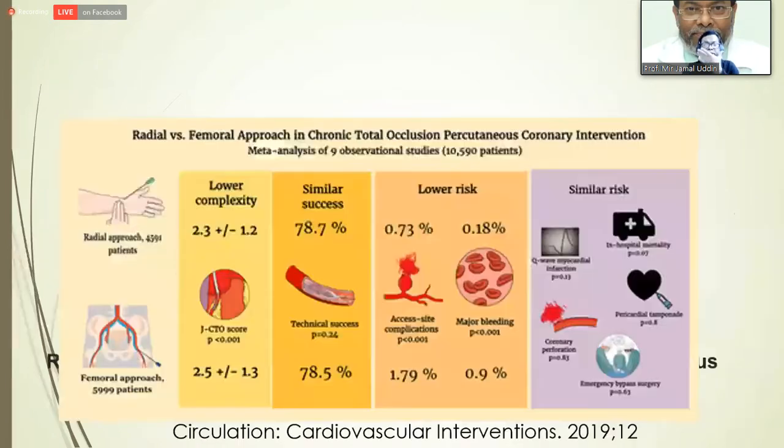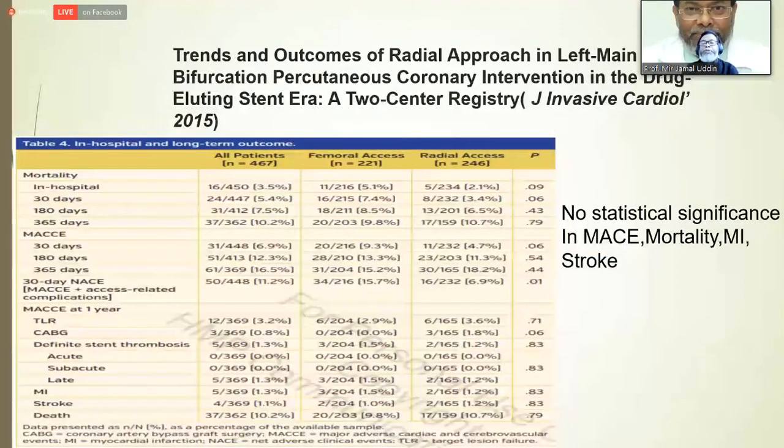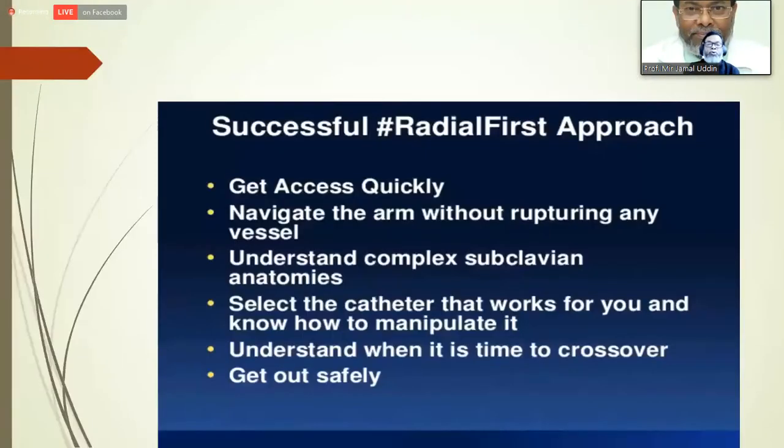Radial versus femoral, there are different talks, all in favor of the radial approach. And trends and outcomes of radial approach in left main bifurcation percutaneous coronary intervention in the drug-eluting stent era, a two-center study, have shown no statistical significance in MACE, mortality, MI, and stroke.